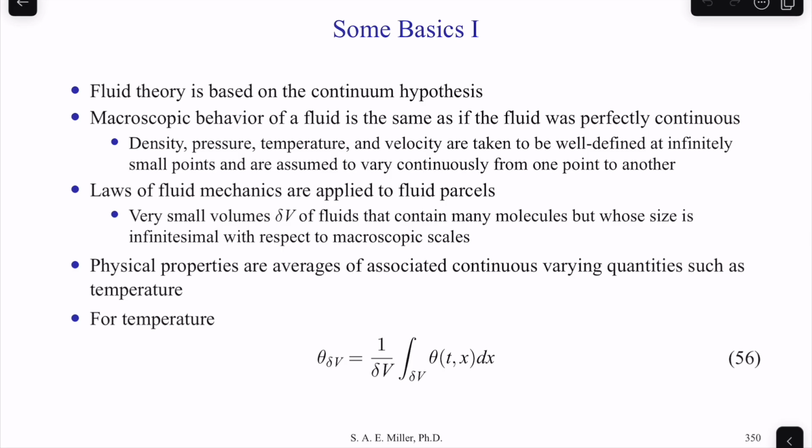So the physical properties we might measure in the lab or talk about through this class are really a particular type of average associated with this continuum assumption, and they might vary with different quantities.